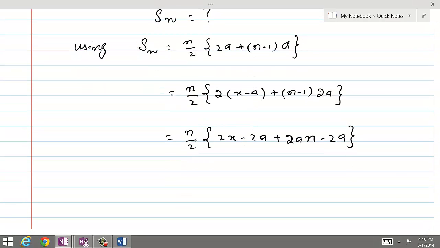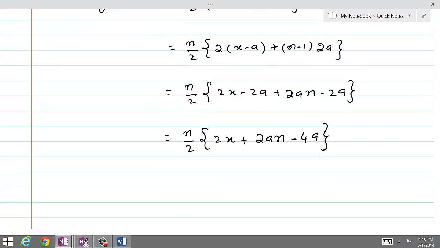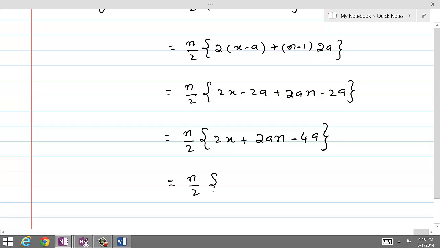And if we simplify this, this would be equal to n by 2 into 2x plus 2an minus 4a. And from this, if we take 2a common, this will give us n by 2 into 2x plus 2a into n minus 2.